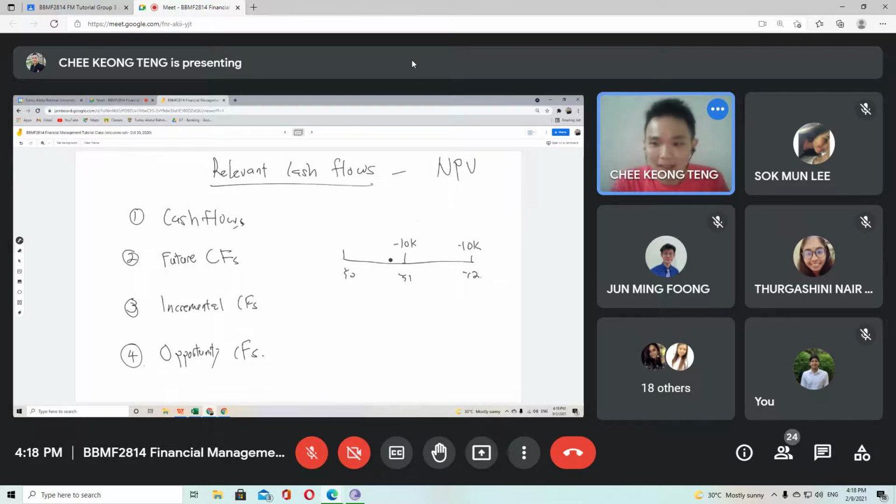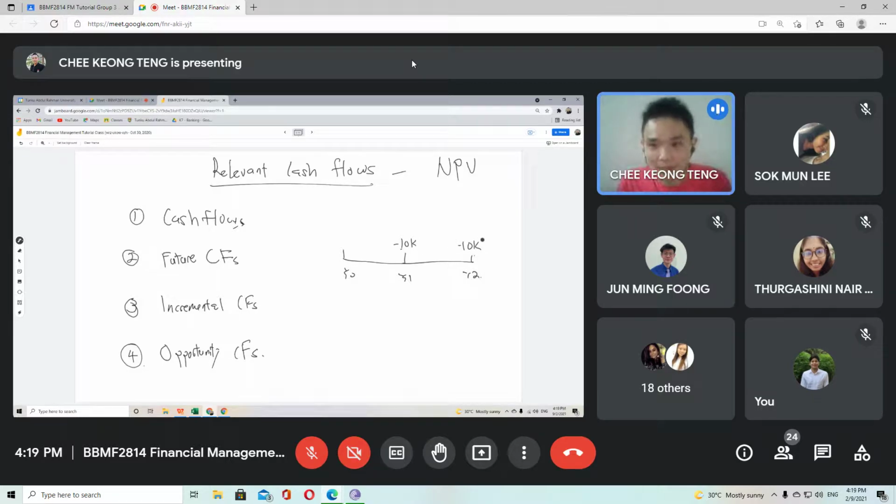Like what I said, the cash flow is in the future, so it is not a past cash flow. It's not a sunk cost. You are going to pay it at the end of the first year and at the end of the second year. The contract is not cancelable. Whether you use the factory or you don't use the factory, you must pay, every year 10,000 for the next 2 years.